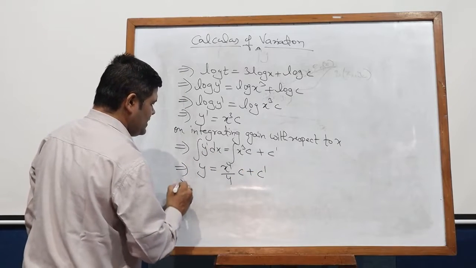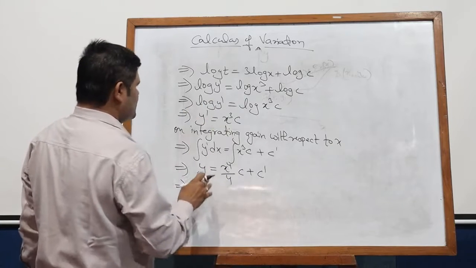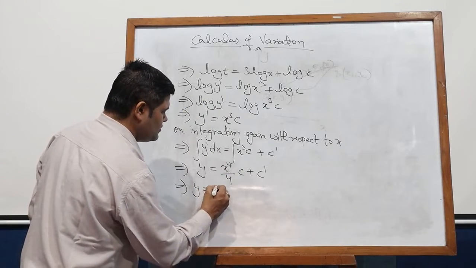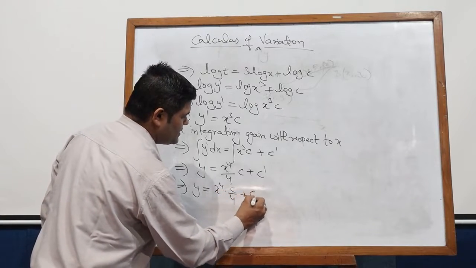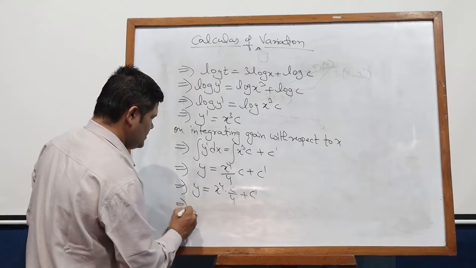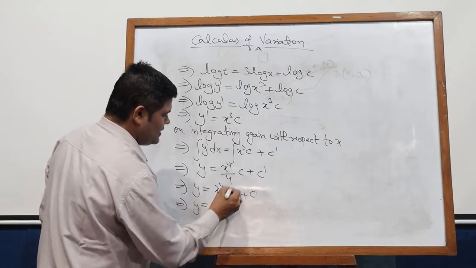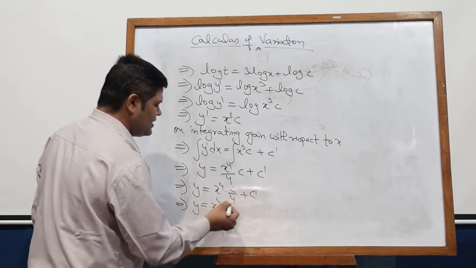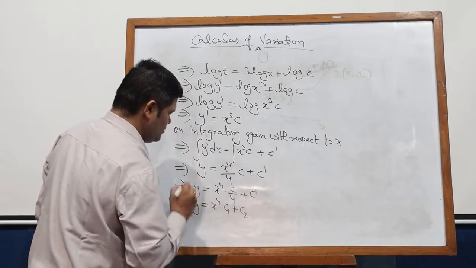Okay, we can reduce this equation. So x raised to the power 4 as it is, this is c upon 4, plus c dash, so y equals c1 x raised to the power 4 plus c2, where we name these constants c1 and c2.